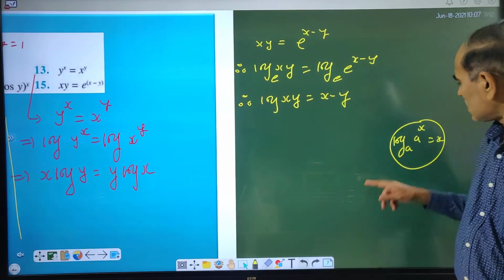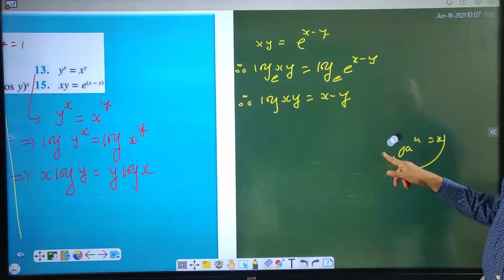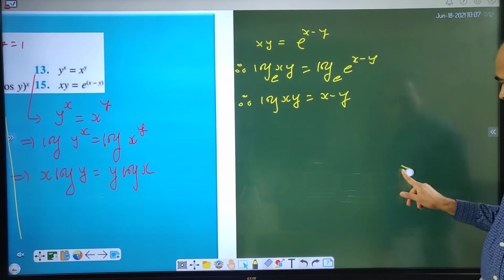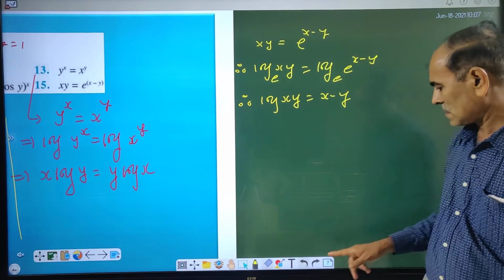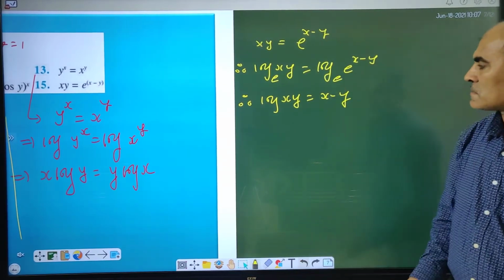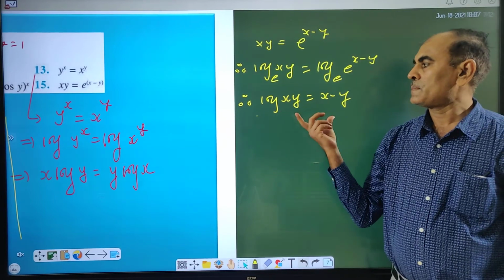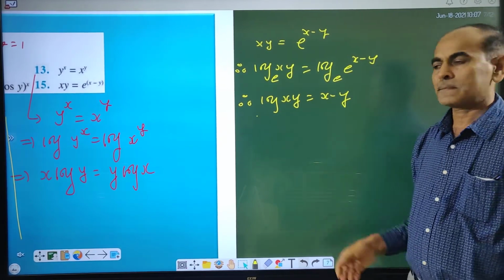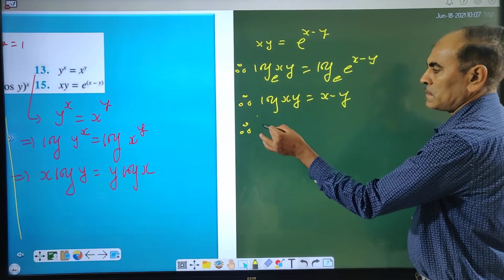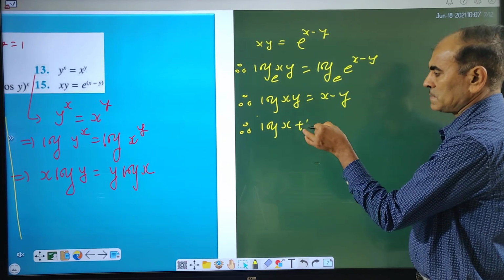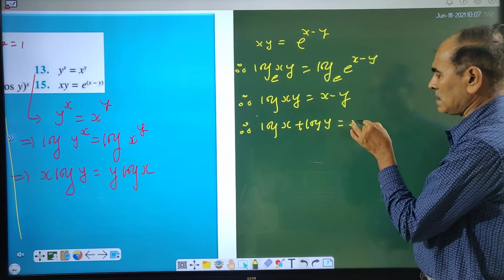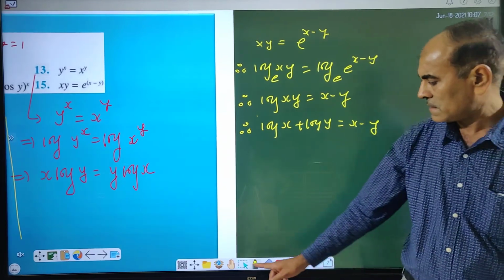Here, applying this standard form. Clear? Now see. Once again, apply properties of logarithmic function. And therefore log x plus log y is equal to x minus y.